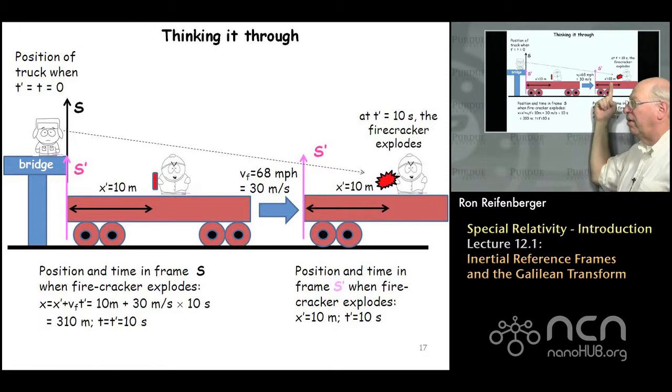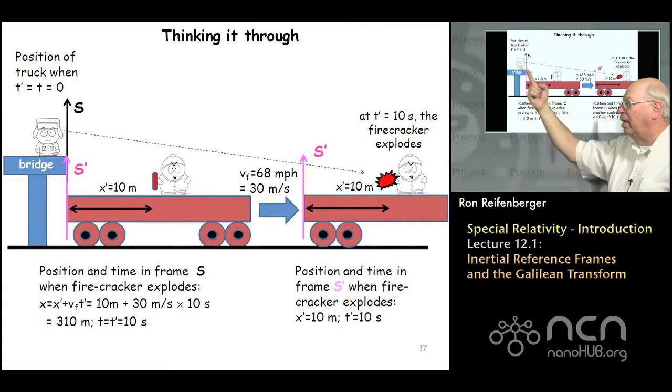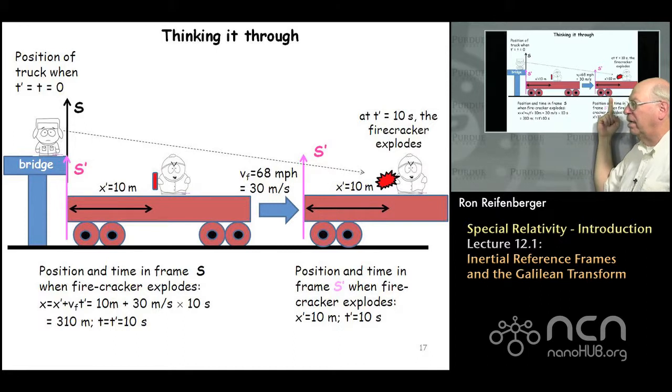When the firecracker explodes, Cartman is going to say, in my reference frame, the firecracker exploded 10 meters from the edge of the trailer. Kyle, standing on this stationary bridge, is going to say, no way. When that firecracker exploded, you were 310 meters down the interstate.